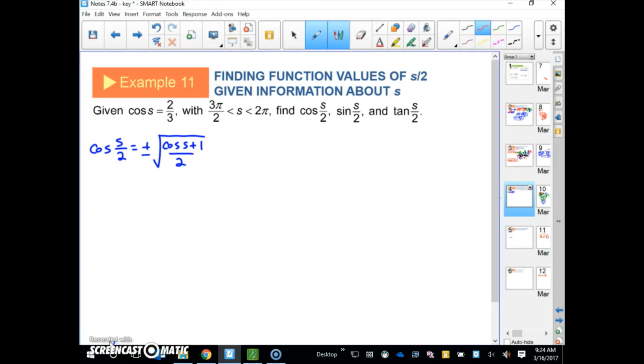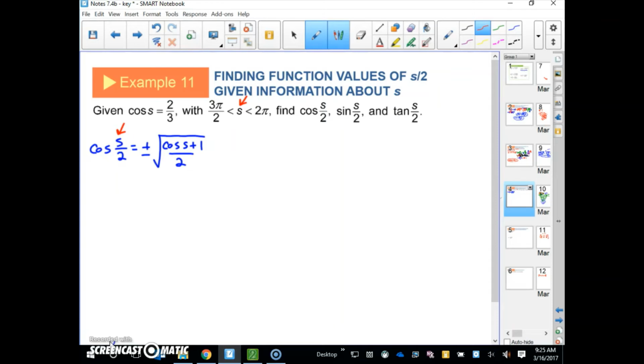We are trying to talk about the half angle s over 2, but what we were given was information about the regular angle s. So like let's say s was 80 and we're looking at 40 or whatever. We're only looking at half the angle, and so the quadrant might not be the same as what they were showing us.